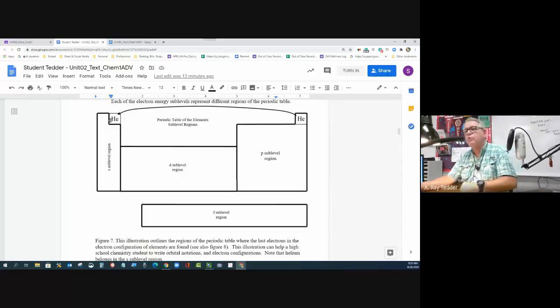So the periodic table and its layout is not perfect. There are some exceptions that you kind of just got to know. And I'm telling you about one of those right now. Helium generally behaves like a noble gas. That's why it's over here in this column with the other noble gases. But when we start to talk about S sublevel regions, it really ought to be put right here.